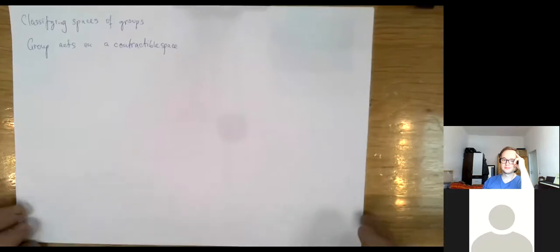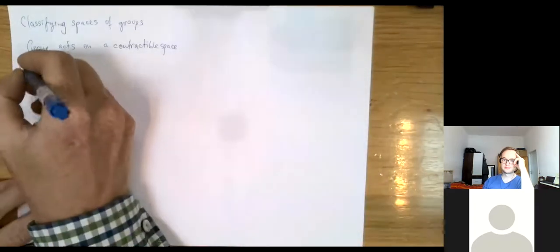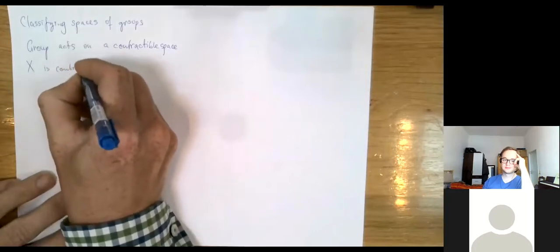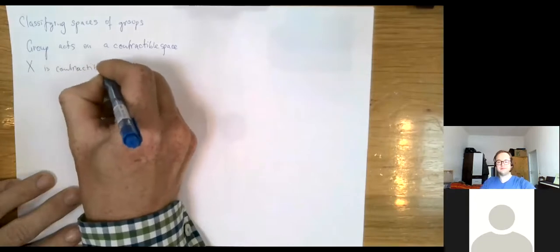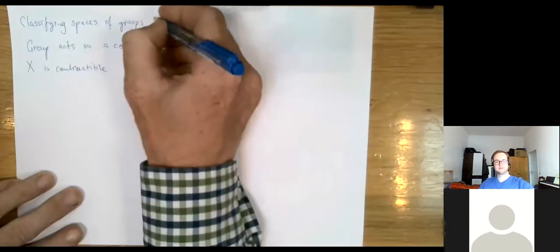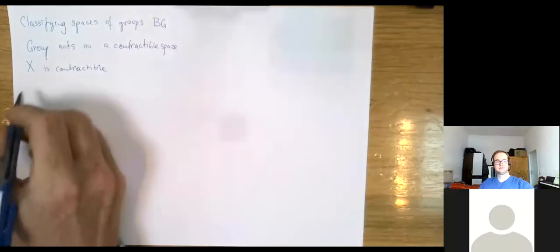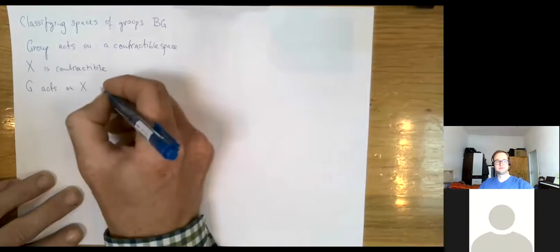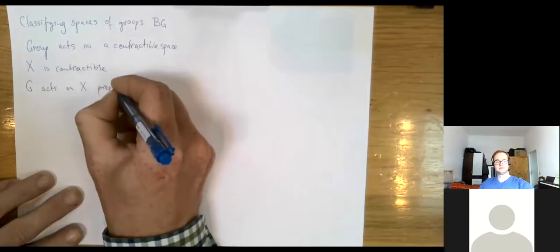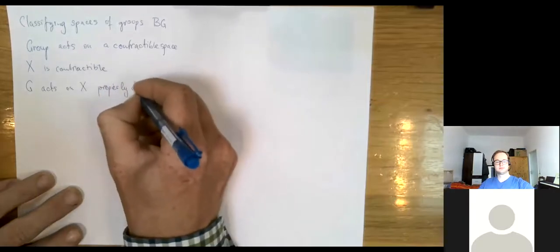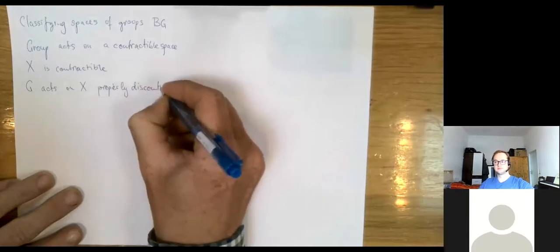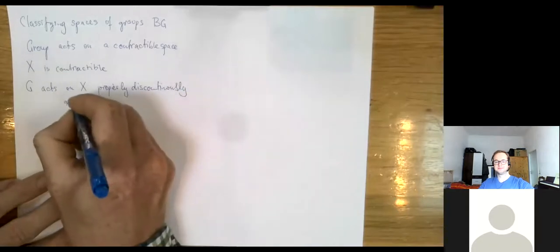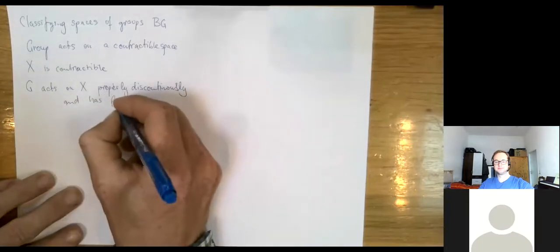In fact, if X is contractible, let's call this BG, and G acts on X properly discontinuously and has finite stabilizers.